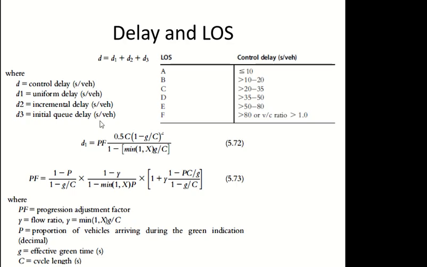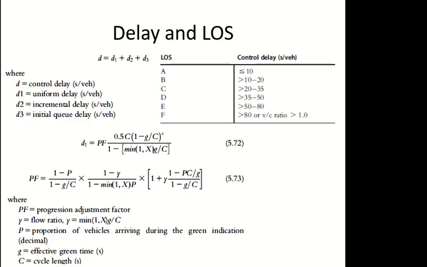So that something more is called incremental delay. When the queue gets very long, the relationship between the number of vehicles and the queue length does not remain directly proportional, does not remain linear. So adding 1 vehicle can make 5 seconds of delay, another vehicle can make 7 seconds of delay. It keeps on increasing. So when the queue is longer, every additional vehicle increases the delay by multiple times. So that is called D2, incremental delay.